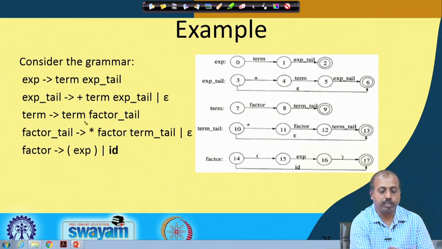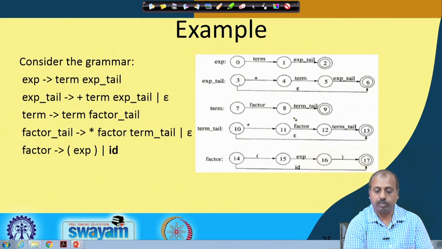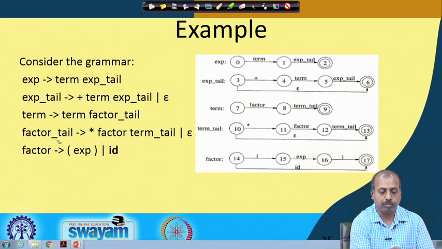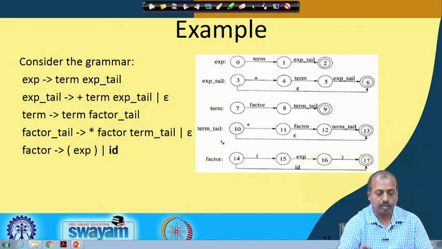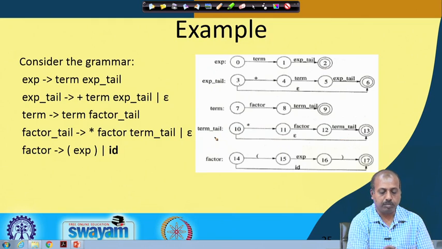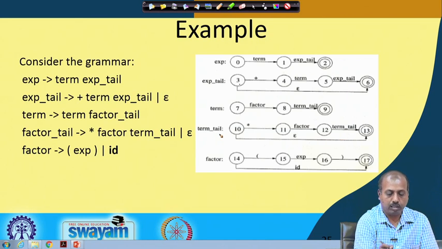Similarly, term produces factor and then factor tail. So it is represented like this. Then this factor tail produces star factor term tail. This should actually be factor tail.